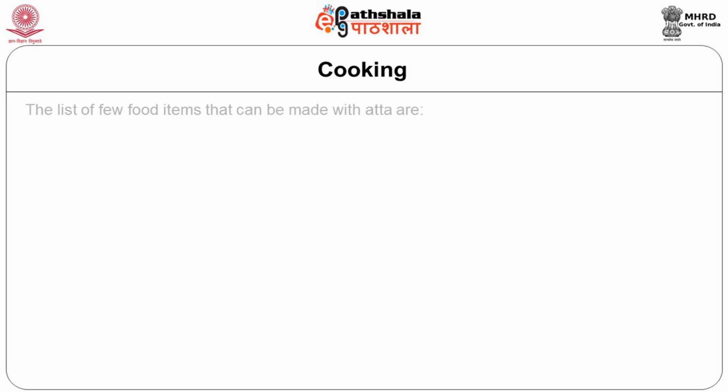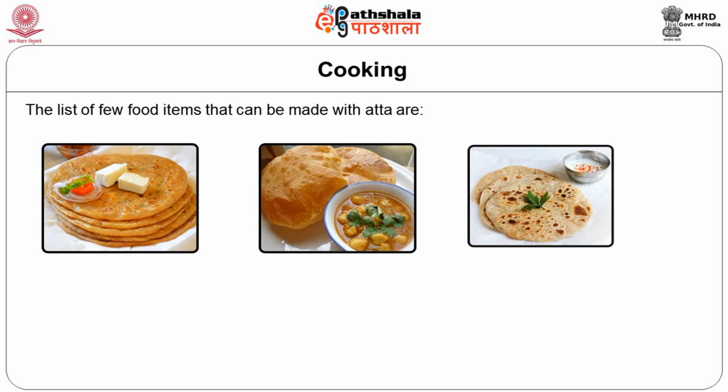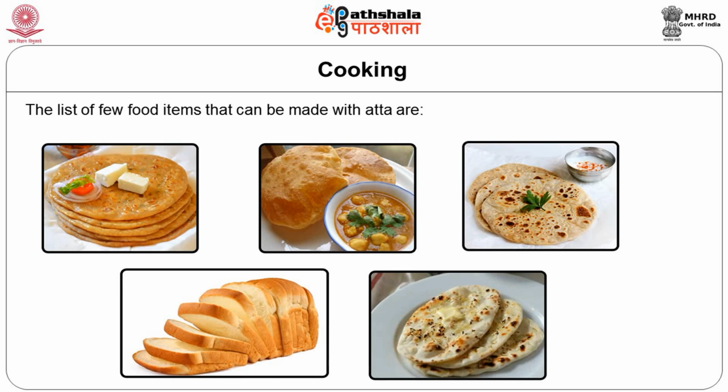Can you list a few food items that can be made with atta? Yes, paratha, puri, chapati, bread, naan, etc. So, you see that you can make a variety of dishes with the same food.